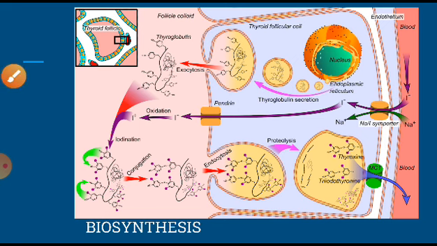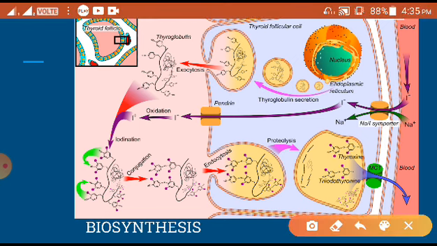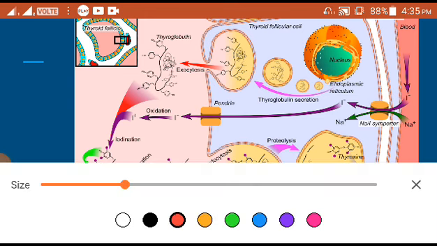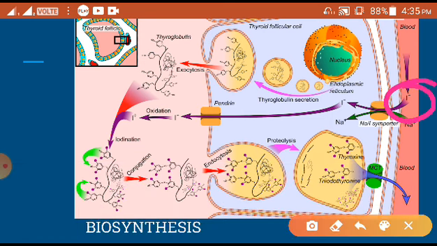You can see iodine coming from blood into the follicle.